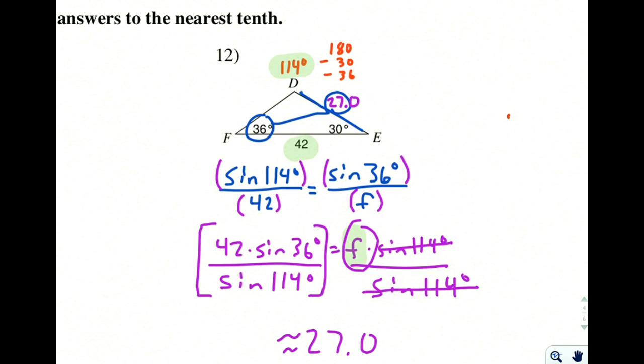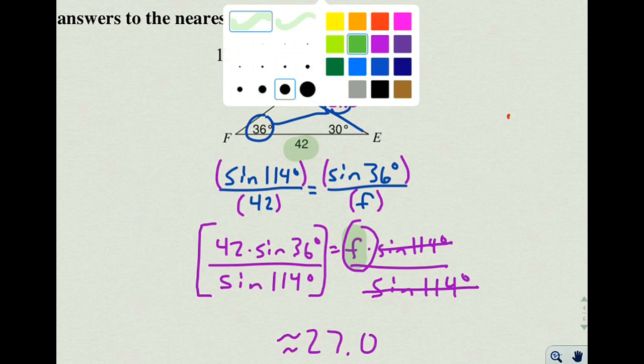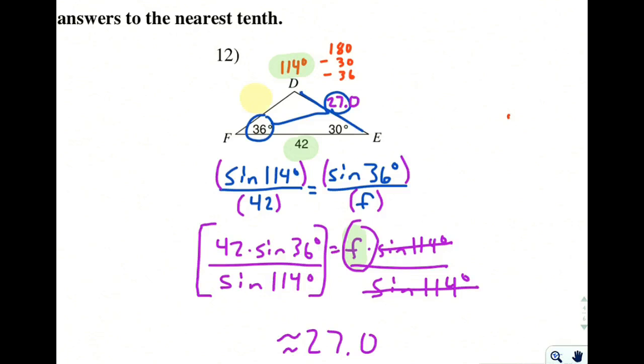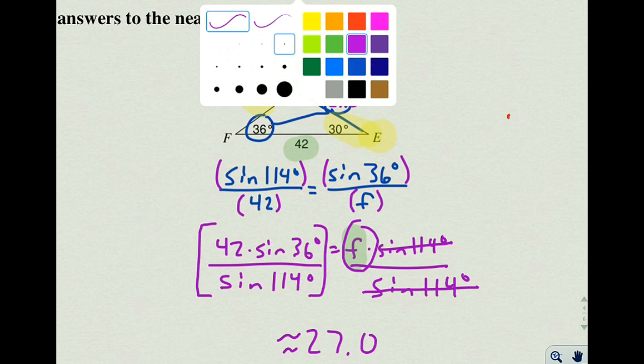Now, we are solving this triangle, so we are not done yet. We have one more step. We have a missing side length over here, and that's across from angle E, which is 30 degrees. So we need to do law of sines one more time.